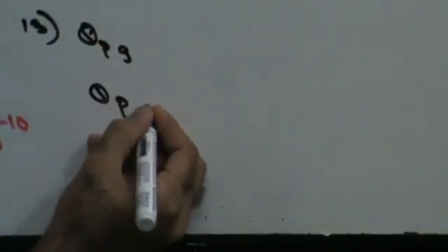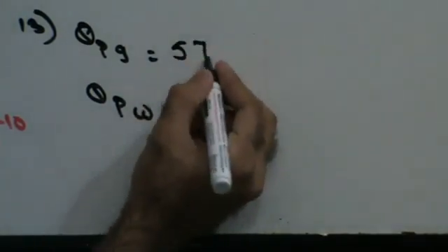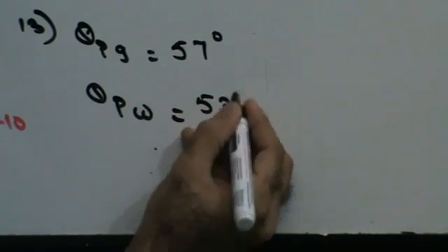The polarizing angles for glass and water are 57 degrees and 53 degrees.